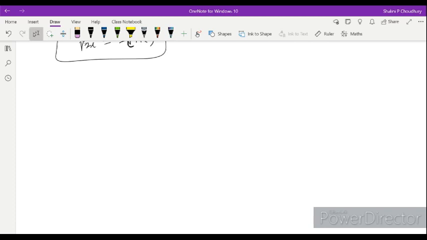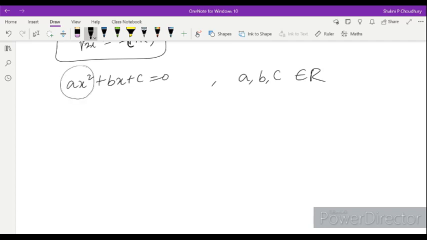Let us suppose a quadratic equation ax square plus bx plus c is equal to 0, where a, b and c all belong to real numbers, and a is not equal to 0. It means अगर a 0 होगा तो ये पूरा complete 0 होगा, then ये फिर quadratic equation नहीं रह जाएगा. Okay, so a must not be equal to 0.